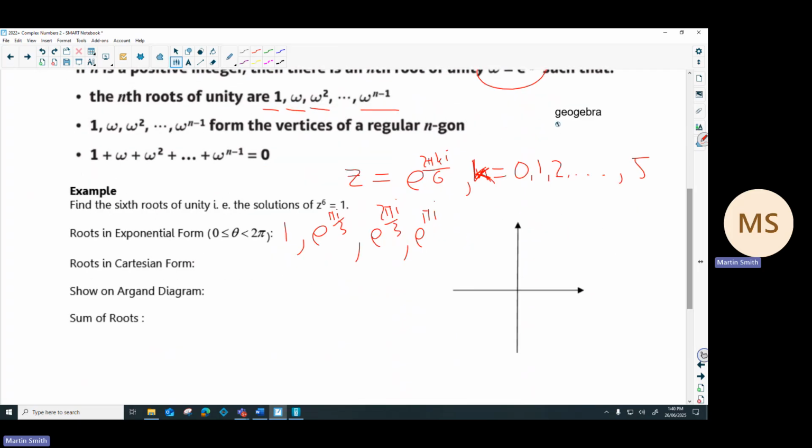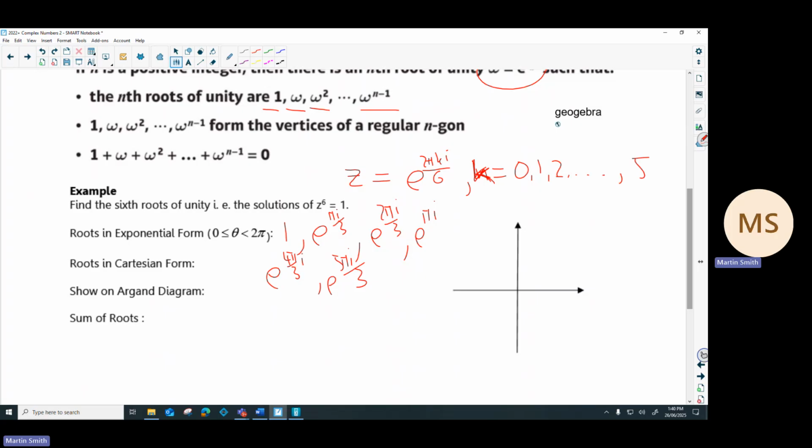If k is equal to 4, it will be e to the power of 8 pi i over 6, so it's 4 pi i over 3. And if you put in k is 5, you will get e to the power of 5 pi i over 3.